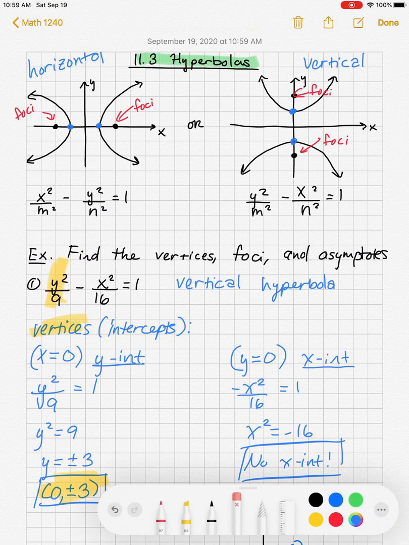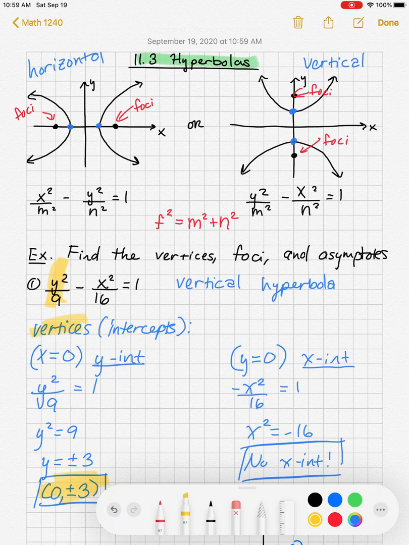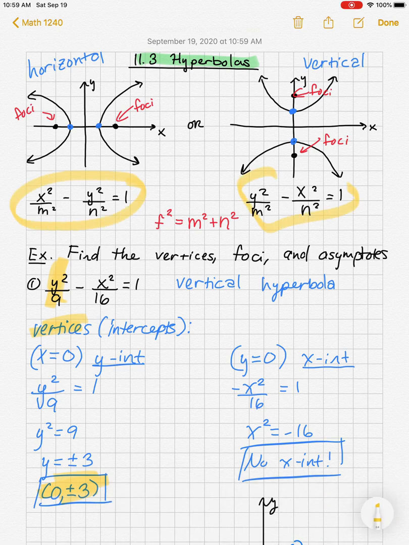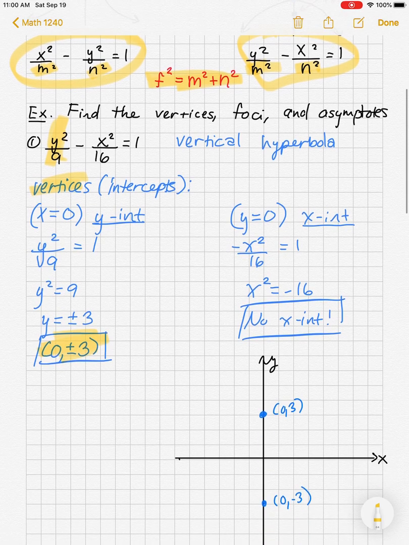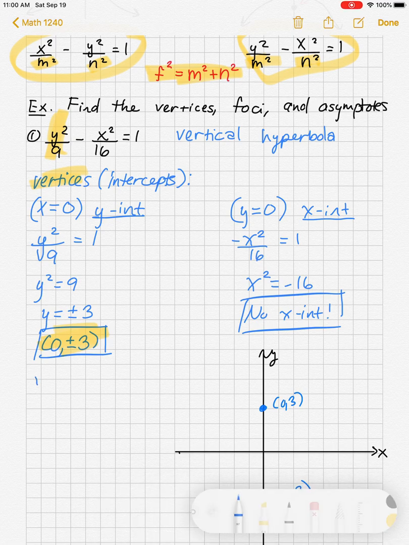Okay. So the focus points can use this equation. Look at the equations of the hyperbolas in general, just thinking about the m and the n as the numbers underneath the variables. I can use the equation f squared equals m squared plus n squared to find the foci, focus points.